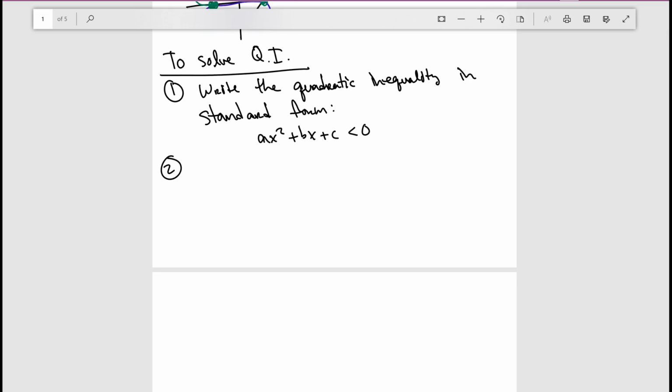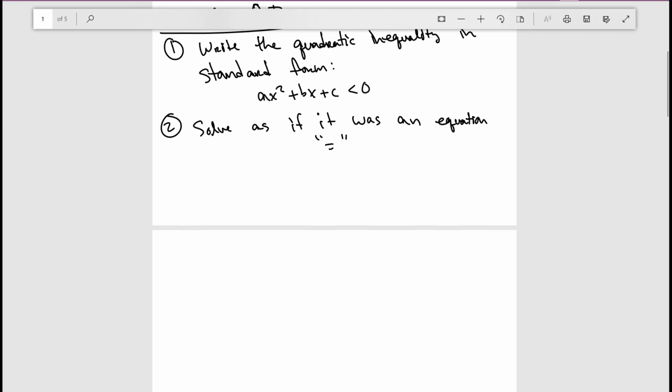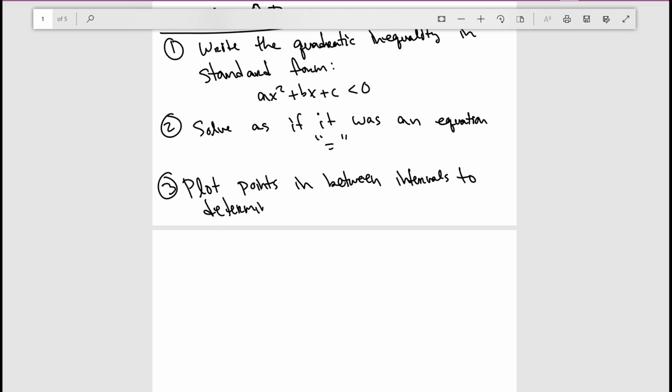The second part is that you want to solve as if it was an equation. Just like if it was an equation, so set it equal to each other. Third, plot points in between intervals to determine positive or negative.